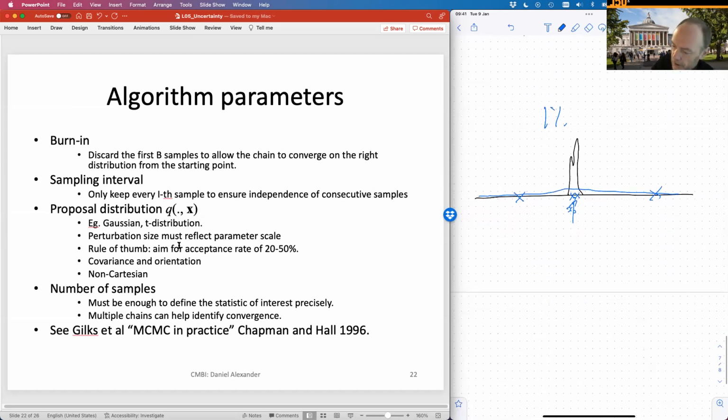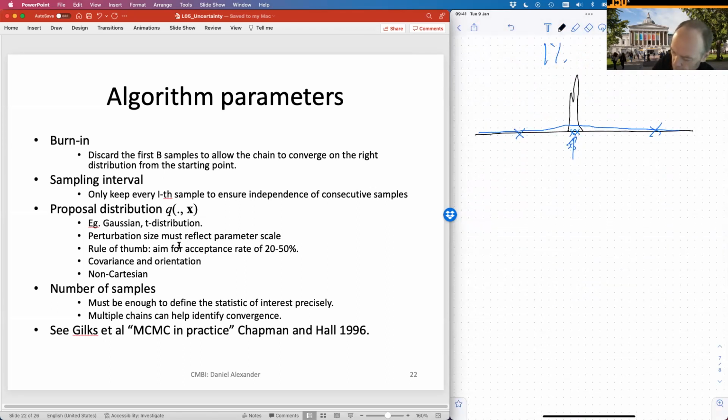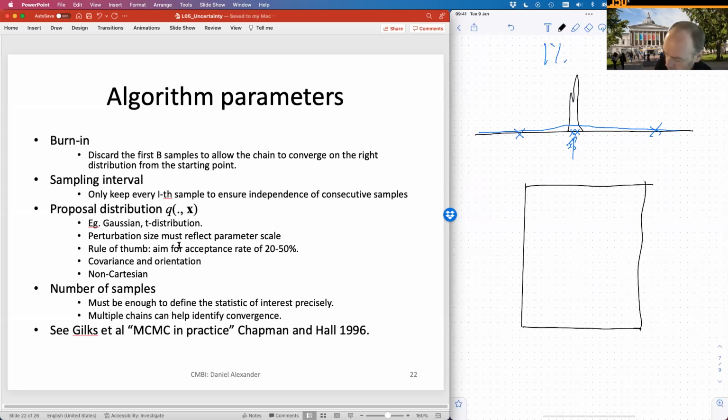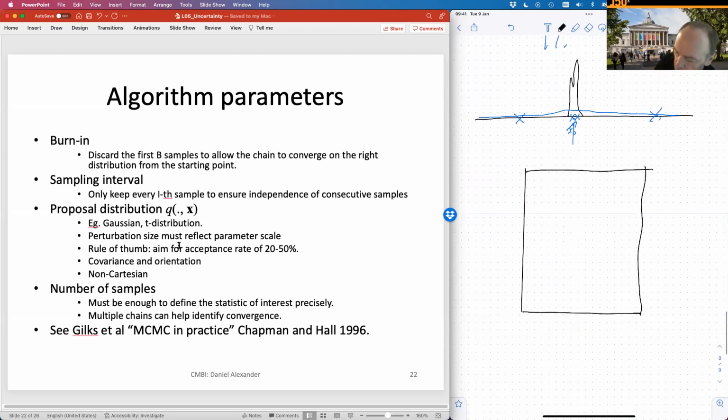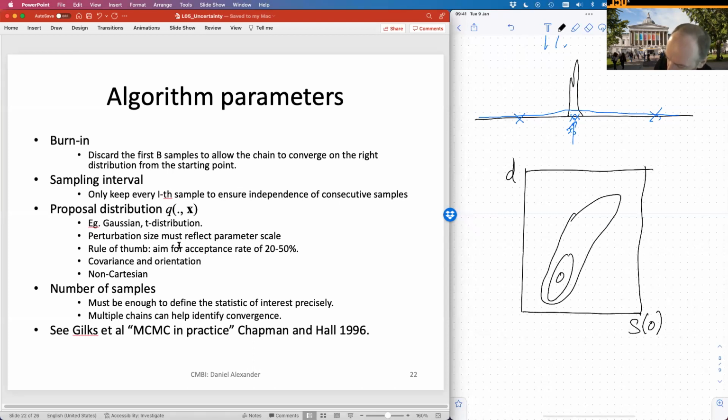So even just going up to 2 dimensions, for example, let me recall another example from an earlier section. It was just at the start of this section. We were thinking about the posterior distribution on our diffusion parameters D and S0. I had a picture, something like this, I think.